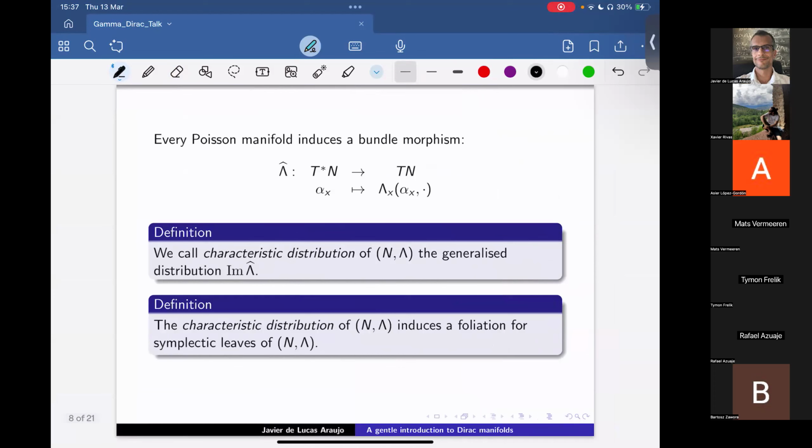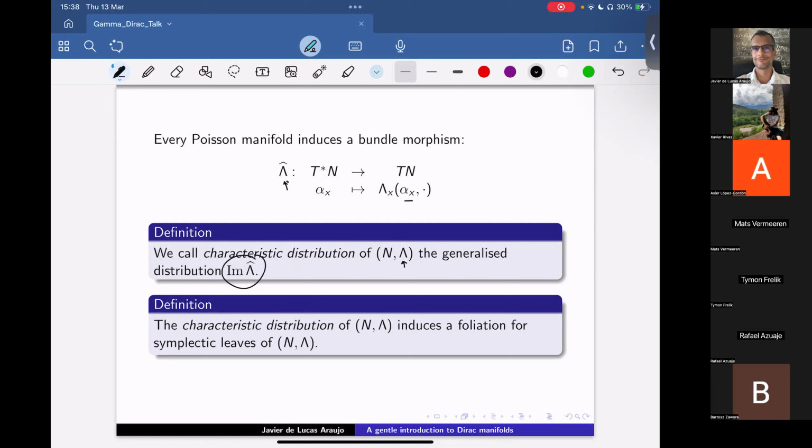As I said, for a vector field, every covector gives you a vector field. When you have a Poisson bivector lambda, you can define a certain distribution given by the image of these operators, the Hamiltonian ones.